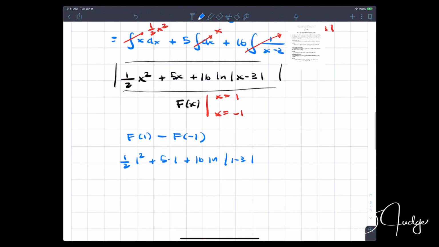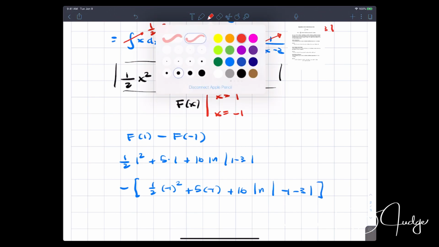This is f of 1. Now be careful. We have to subtract f of negative 1. So that's 1/2 negative 1 squared, 5 times negative 1, 16 natural log absolute value of negative 1 minus 3. So that's plugging in the first case, right?